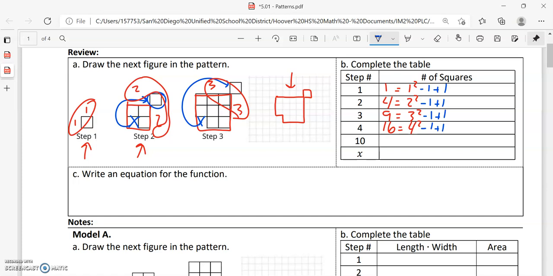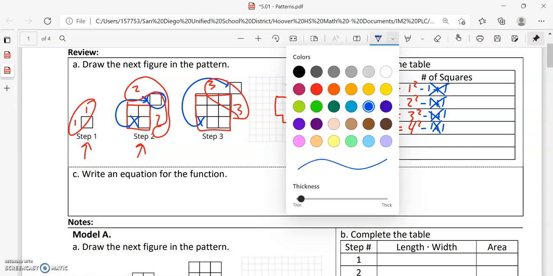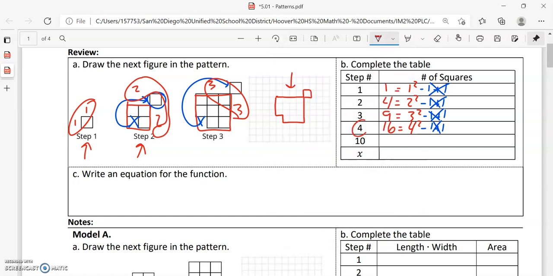And of course, everything in the blue basically just cancels out, so we don't really need it. Step 10, well, 4 and 4, 3 and 3, so that means that step 10 will be 10 squared, which is 100. And that means step x is just simply x squared.